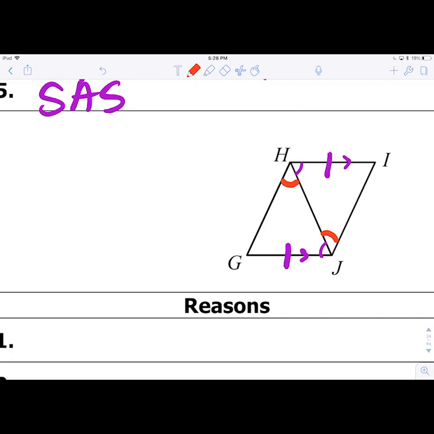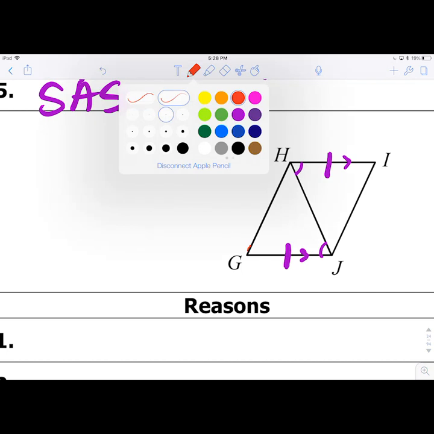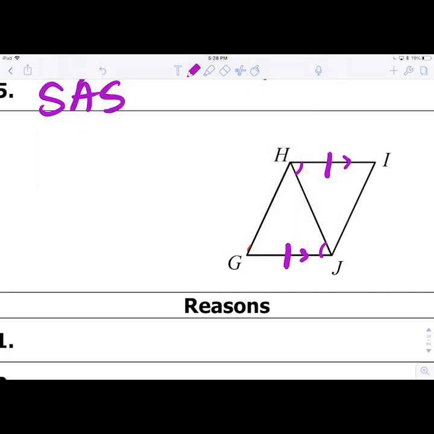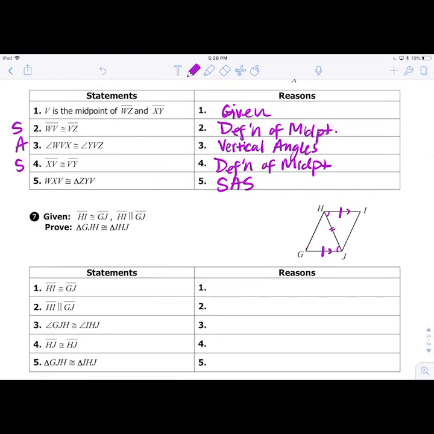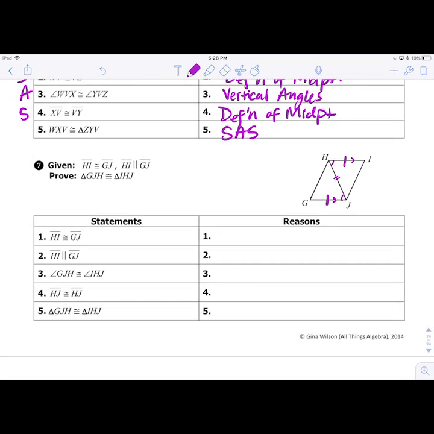Those angles are not congruent because GH is not parallel to IJ. Those sides are not parallel. It's HI that's parallel to GJ. So the angles that touch those parallel sides must be the angles that we talk about. And then finally, we know HJ is congruent to itself. That's reflexive property.